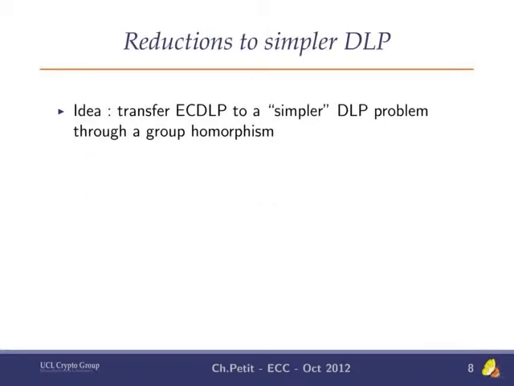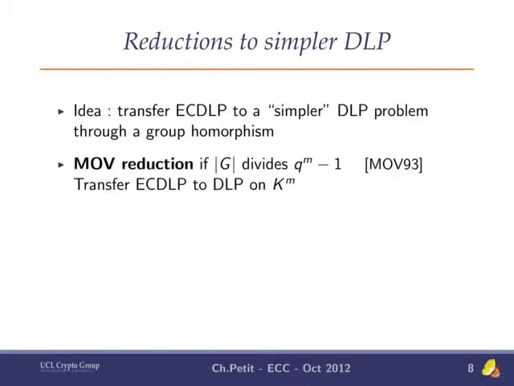There is another range of attacks for the elliptic curve discrete logarithm problem that transfer the ECDLP to another DLP problem in another group. For example, the Menezes-Okamoto-Vanstone reduction transfers the ECDLP to some DLP over an extension of k.